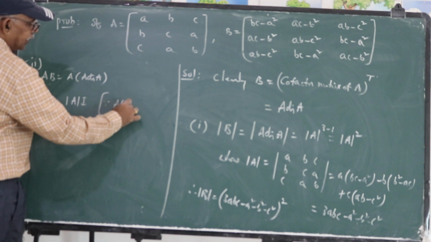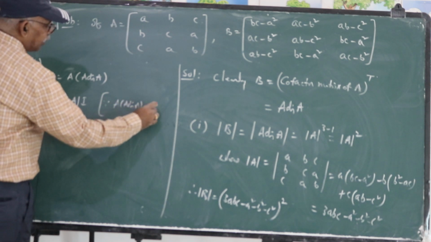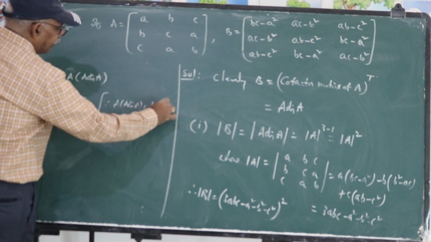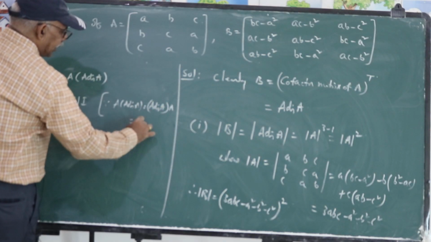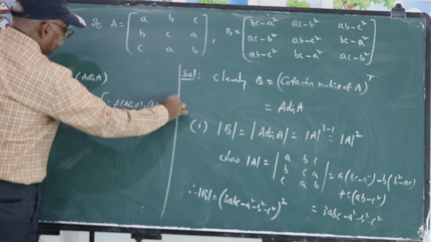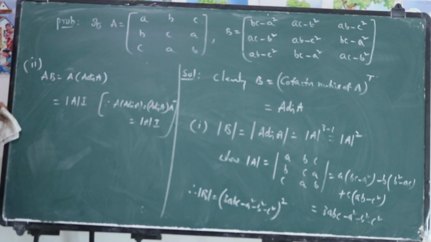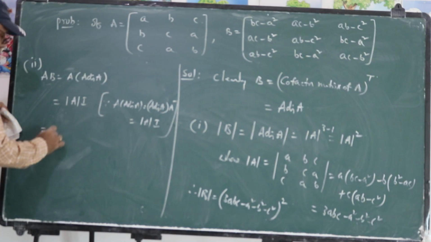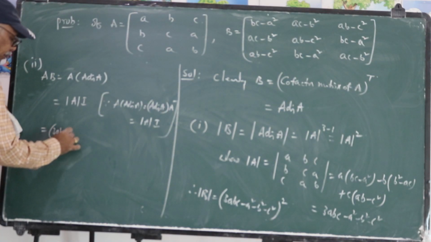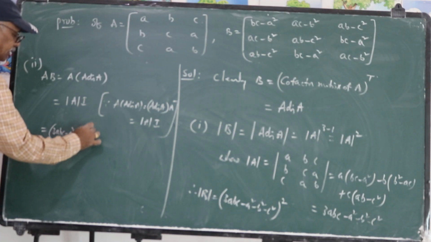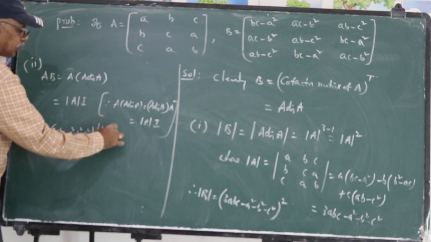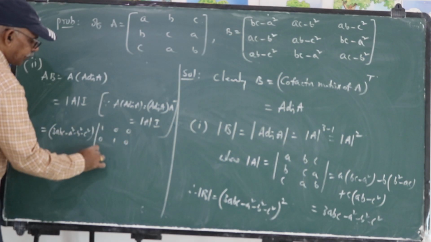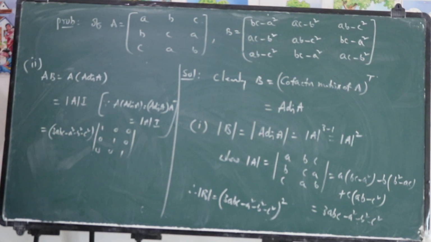Since A into adjoint A equals adjoint A into A equals det A into I. So det A means here 3ABC minus A cube minus B cube minus C cube into I, the identity matrix with rows 1 0 0, 0 1 0, 0 0 1. This is our required product.